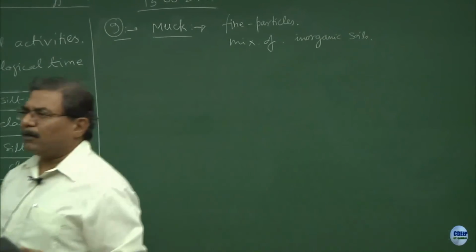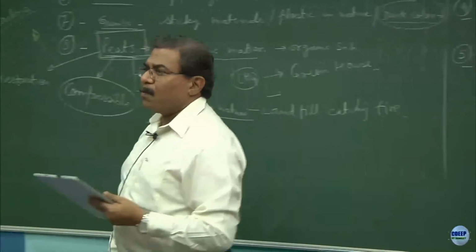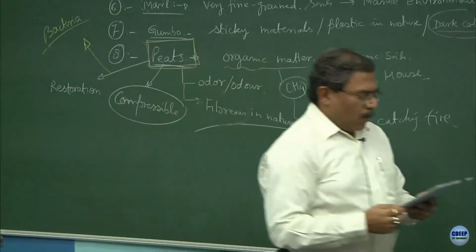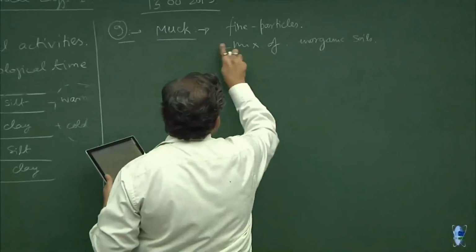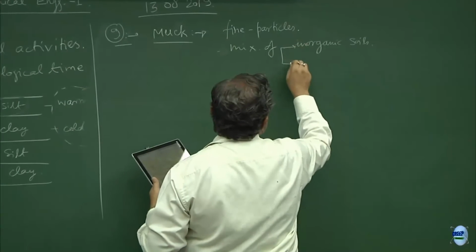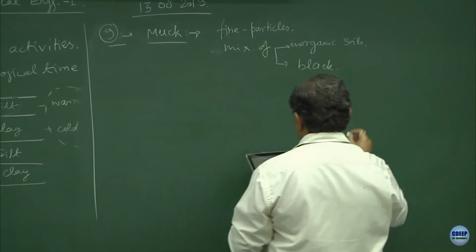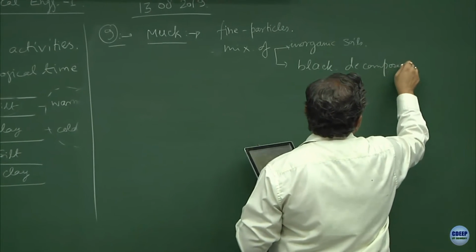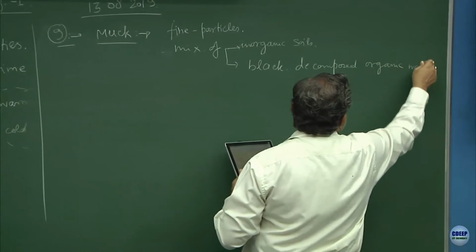See, muck is a term we normally use as a misnomer for slush, is it not? It is a mucky thing. Mostly these are black decomposed organic matter also. So, it is a mixture of inorganic soils and black decomposed organic matter.